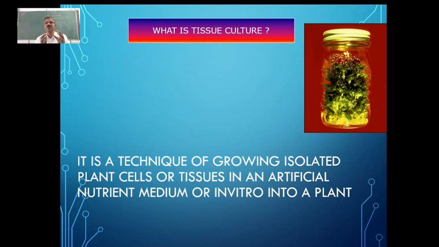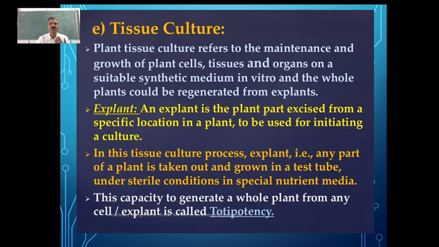We choose a plant which has the desired traits, and the vegetative part of the plant is taken, where the cells are grown in an artificial nutrient medium, which we call in vitro medium. That's why it is said to be a technique of growing isolated plant cells or tissues in an artificial nutrient medium, in vitro, into a plant, where we can produce thousands of plants at a time.